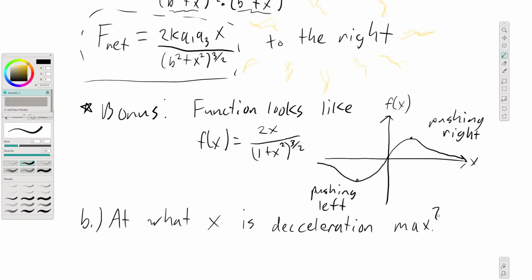At what value of x is the deceleration maximum? Oh, dang. Well, if we're talking about deceleration, what are we talking about in terms of our forces? We can connect force and acceleration. And mind you, this deceleration, I probably would not have jived with if I wrote this problem.